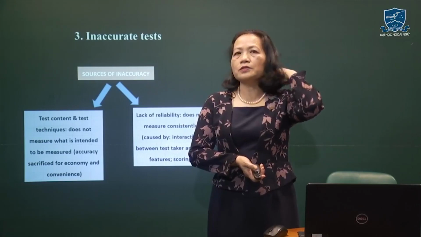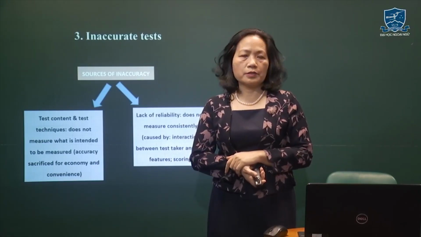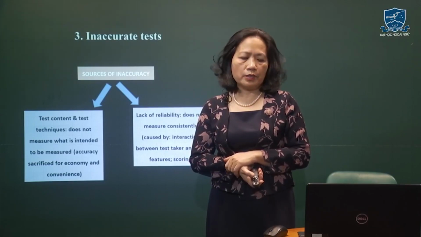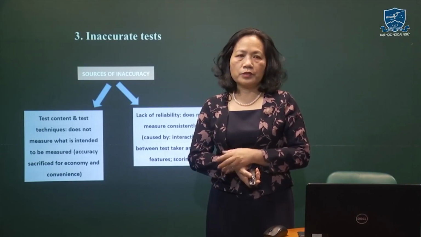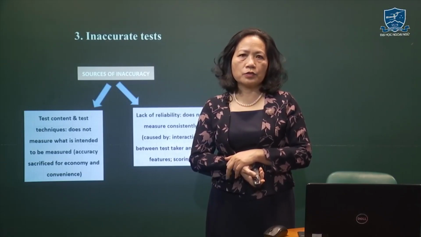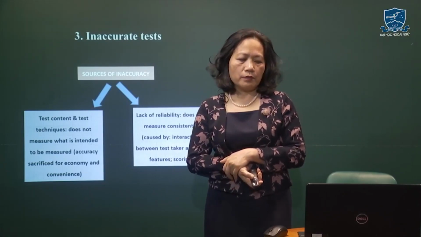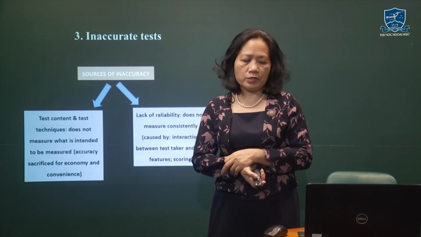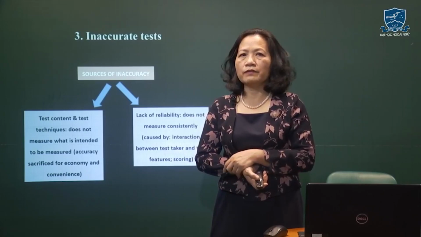And the second source of inaccuracy of a test is that there's a lack of reliability. So a test does not measure consistently the skills or the ability of the learners, because there's some interaction between the test taker and test feature, or because of the scoring.